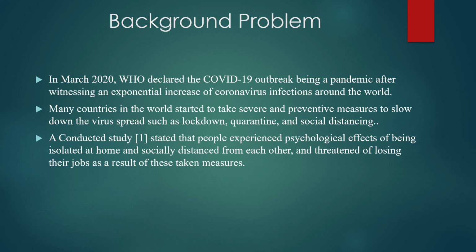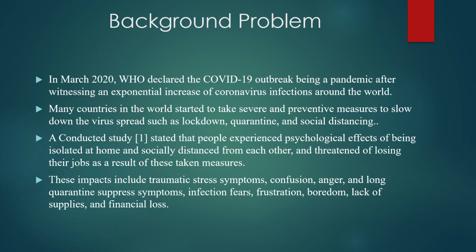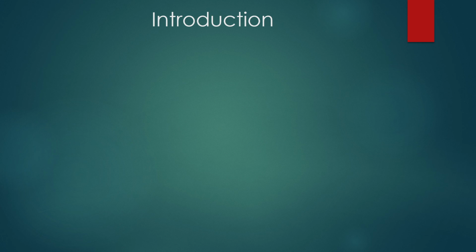A conducted study stated that people experienced psychological effects of being isolated at home and socially distanced from each other, and were threatened by losing their jobs as a result of these measures. These impacts include traumatic stress symptoms, confusion, anger, anxiety, quarantine suppressed symptoms, infection fears, frustration, boredom, and so on.